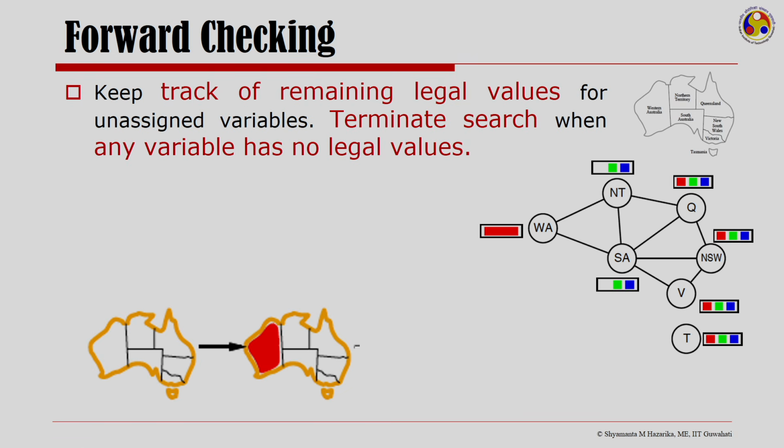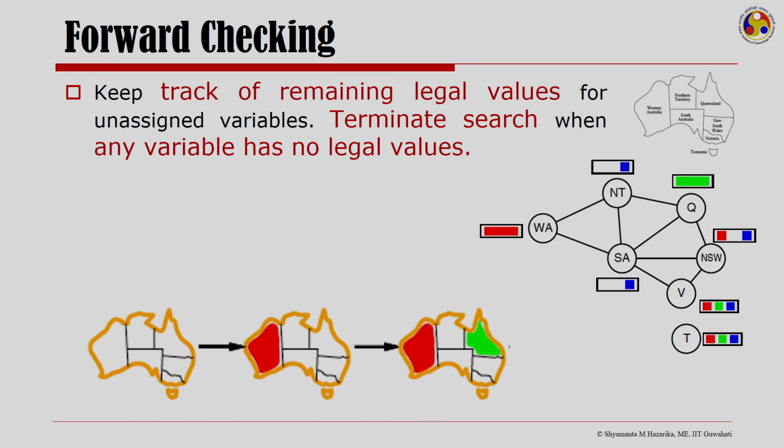And now, if we color Q green, then the only legal value left for NT and SA is blue, whereas NSW could be colored red and blue.